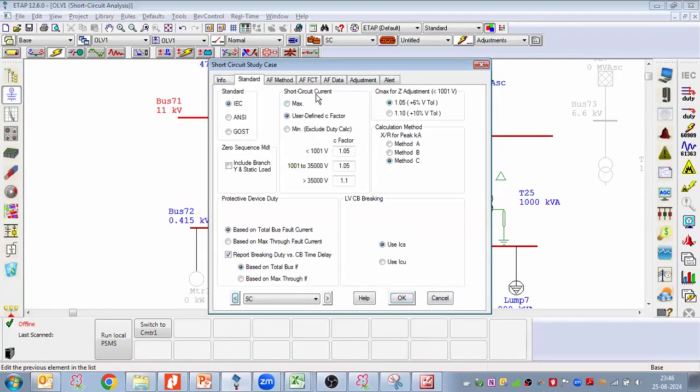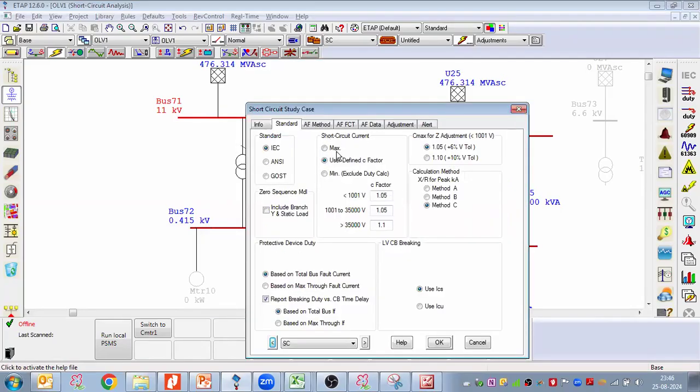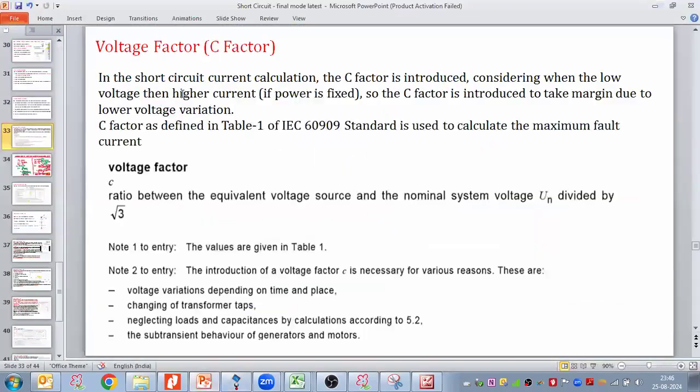Go to the standard, and here all the C factors and standards come up. See here: short circuit current, maximum, user defined C factor, minimum, excluding duty cycles. C factor 1.05, 1.05, 1.1. 1.1 is the maximum C factor that we take. Why do we take this C factor? It is basically the voltage factor. The reason behind this is that in short circuit current calculations, the C factor is introduced considering that when the voltage is low, the current is higher if power is fixed.